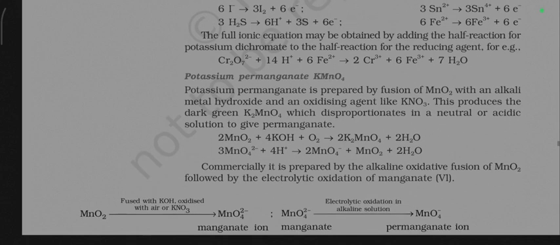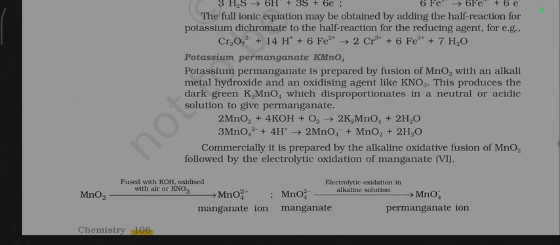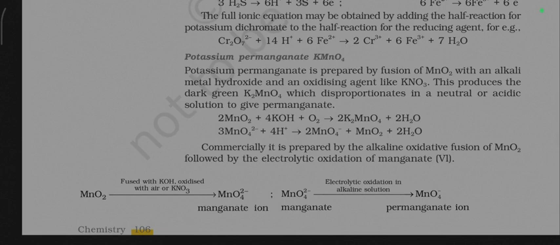The full ionic equation may be obtained by adding the half reaction for the potassium dichromate to the half reaction for the reducing agent. For example, Cr2O7 2- plus 14H+ plus 6Fe2+ gives 2Cr3+ plus 6Fe3+ plus 7H2O.